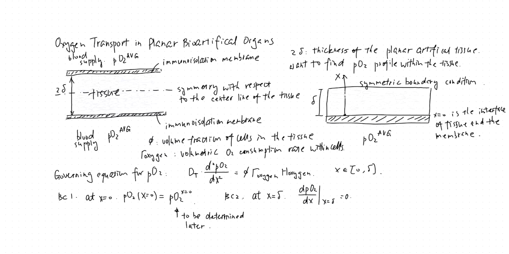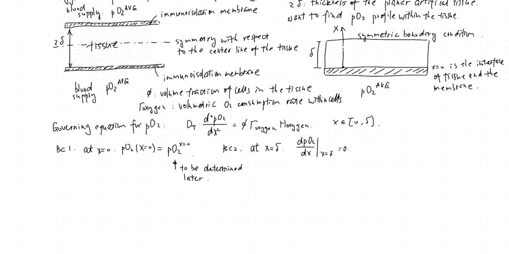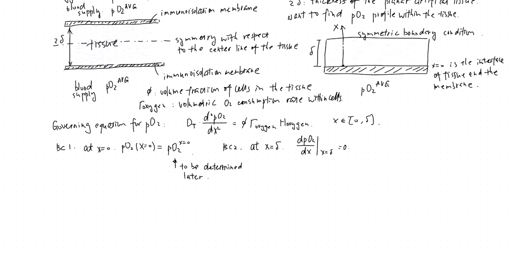So in order to integrate, let's just assume gamma oxygen is a constant. And then with this assumption, you can integrate the governing equation twice.